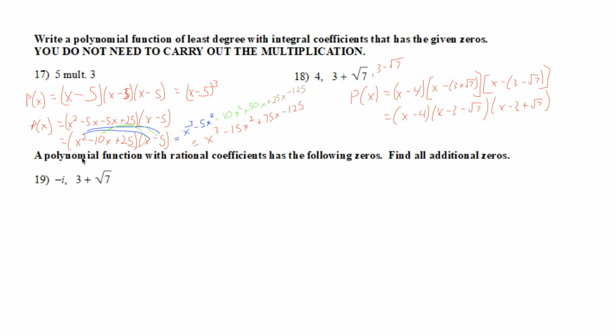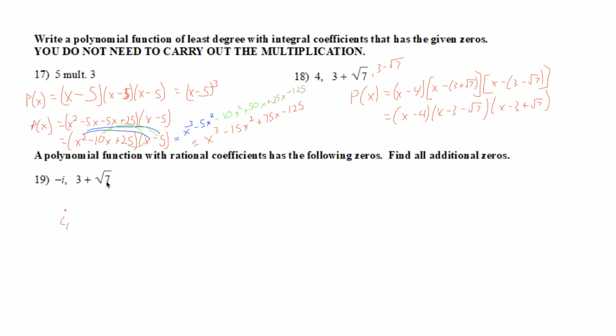The next one, a polynomial function with rational coefficients has the following zeros. Find all additional zeros. Well, I mentioned up here, if an irrational number is a 0, so is its conjugate. That's true down here, and it's also true with imaginary numbers. So if negative i is a root, then so is positive i.